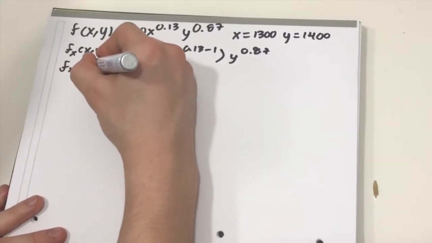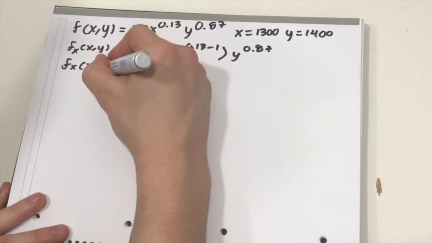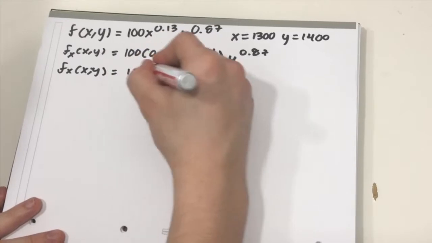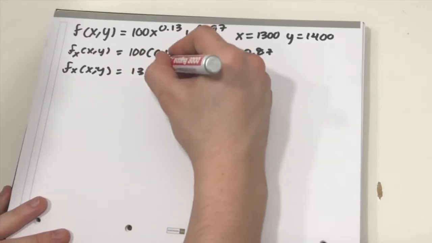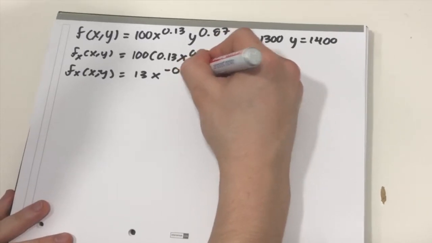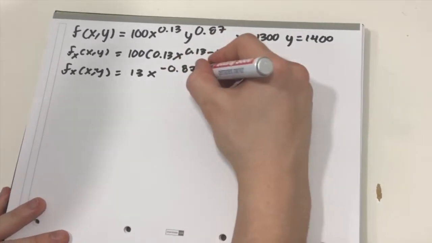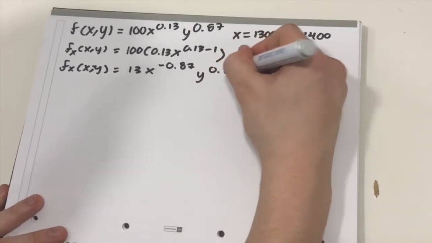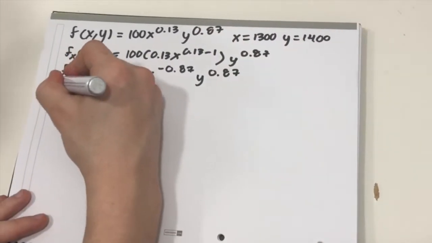Then we solve this and it will give us 13, which is 100 times 0.13 times x to the power of minus 0.87 times y to the power of 0.87. This is the partial derivative with respect to x.